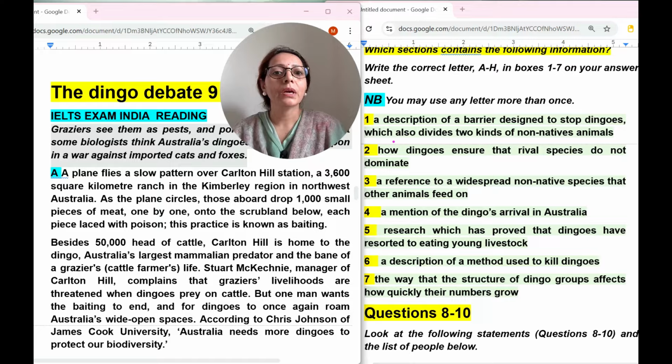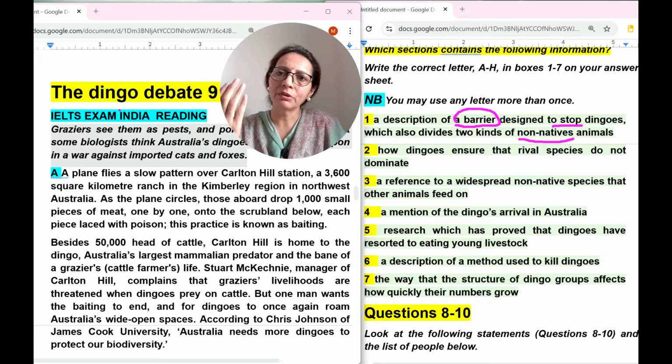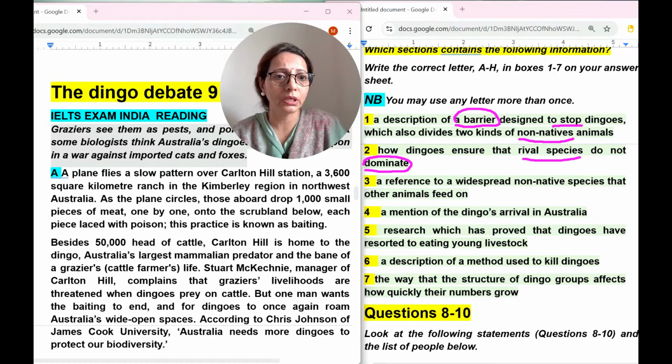Just pause the screen. Now, first is a description of a barrier designed to stop dingoes, which also divides 2 kinds of non-native animals. Okay, non-native animals and a barrier designed to stop dingoes. Dingo is not a keyword because you will get this word in every paragraph. Next: how dingoes ensure that rival species do not dominate, meaning their population should not grow.